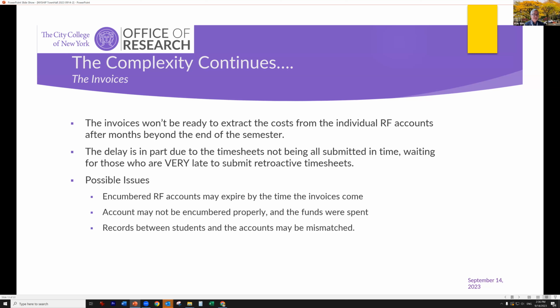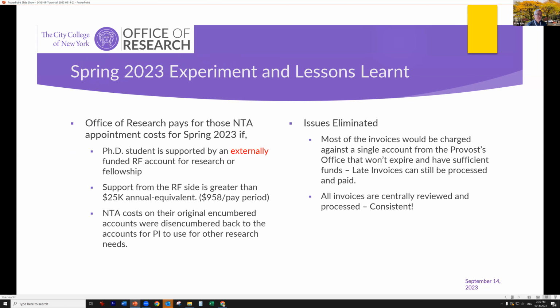The account is basically closed. Now, who is going to pay for this invoice? If the PI has other projects, yes, they may be able to move the cost to other projects. But if they don't, that becomes a problem. Or the account may already have spent its funds for some reason. And so all these become a big problem for us and big headaches for the college as well.